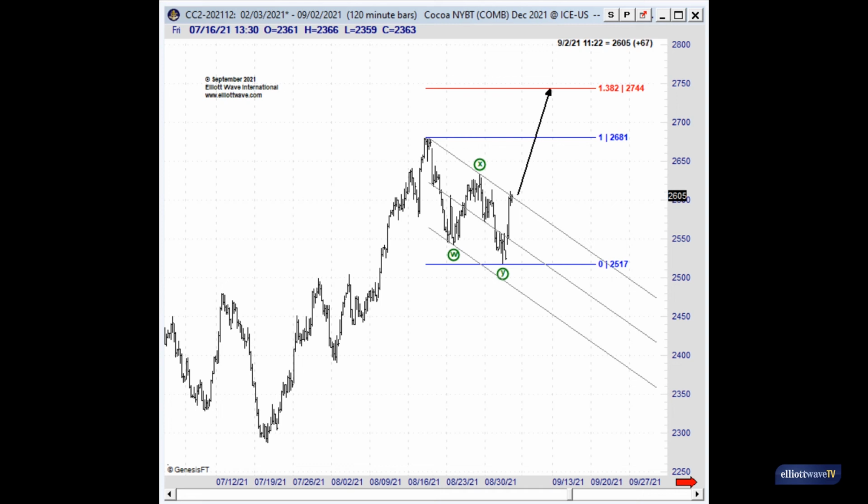There are a lot of different tools and techniques that we use as technicians, and a lot of different disciplines. For example, the wave principle is a discipline. Wyckoff is a discipline. Point and figure is a discipline. There are many different ways we can approach the market. So if you're using a multitude of tools and they are all in agreement, that's how you build a compelling case.